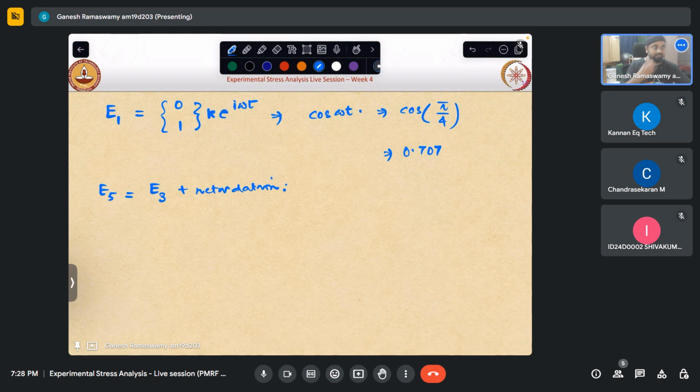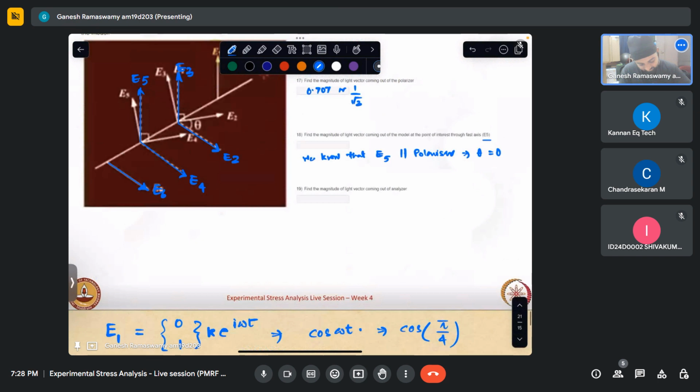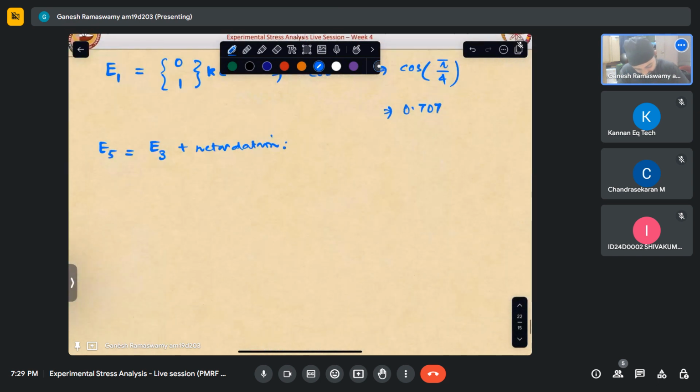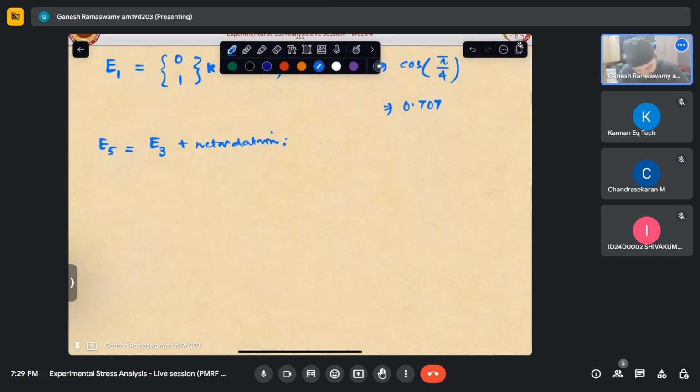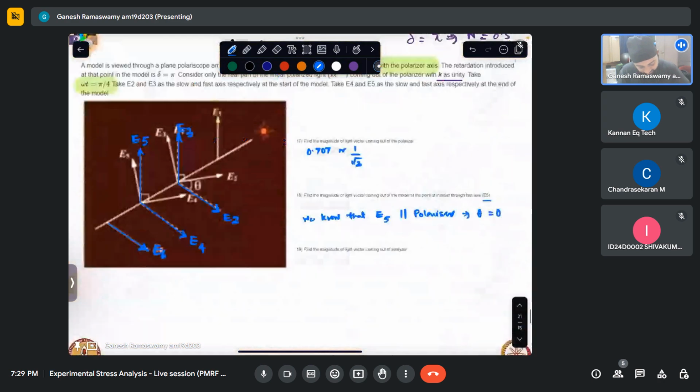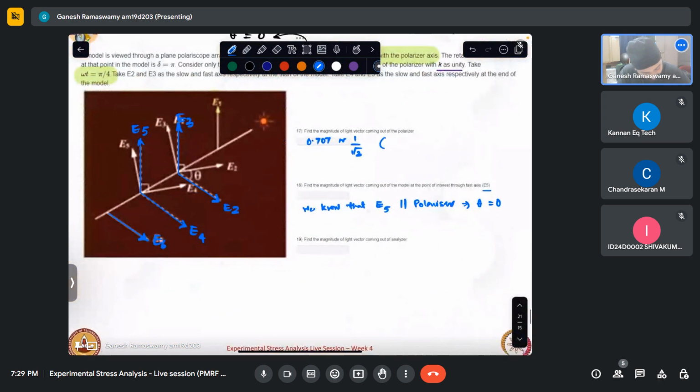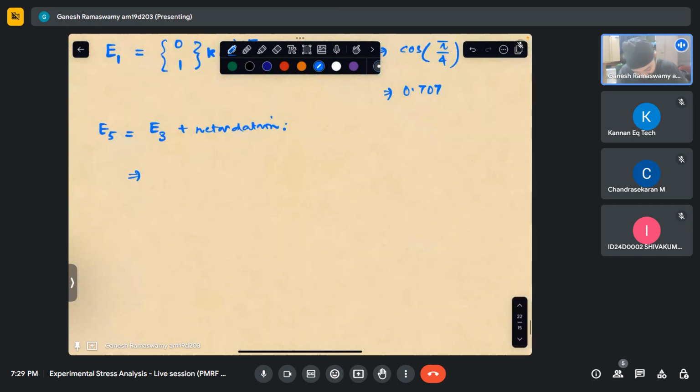So we can take this to be cos, since the input light is cos omega t. So E5 is nothing but cos omega t plus delta by 2.